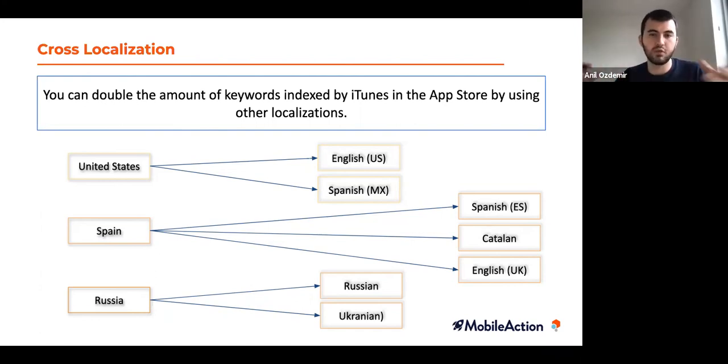The UK is a cross-localized country for Australia. So is it a good idea to use the same metadata for both countries, or should we consider them cross-localized and go for a different strategy for Australia, for example?